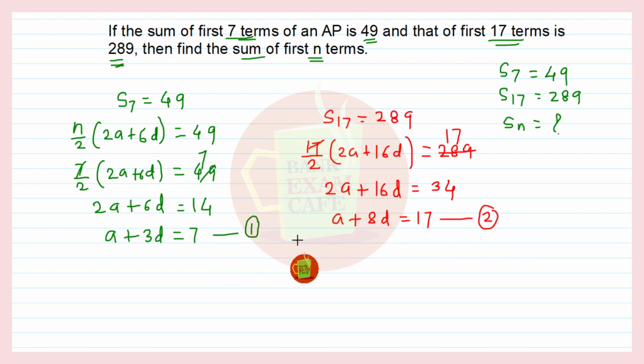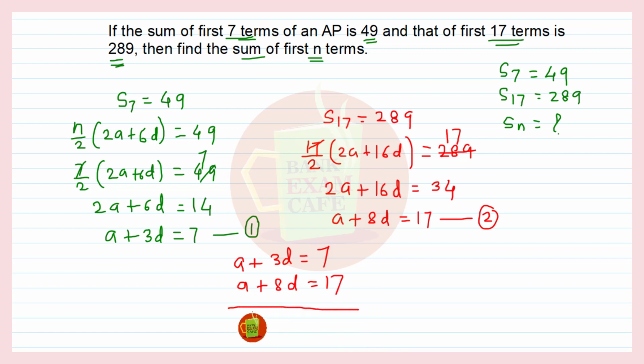Now subtract equation 1 and 2. So if you subtract, the signs will get changed. So it will be a plus 3d, which is equal to 7, and a plus 8d, which is equal to 17.